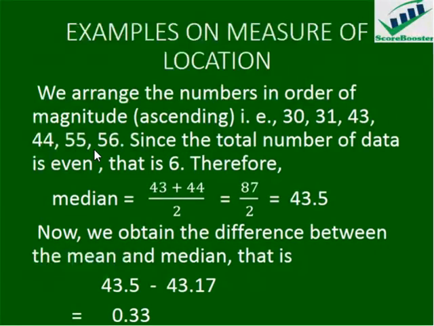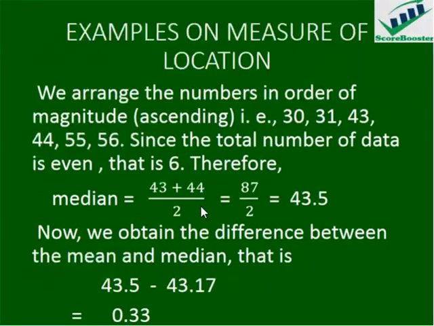If you count the number of items, we have 6 items, and 6 is an even number. And from the way we can obtain the median of a set of ungrouped data, that is data that are not that much, if the total number of items we have is even, the only way to obtain the median is to sum up the two middle numbers and divide them by 2.